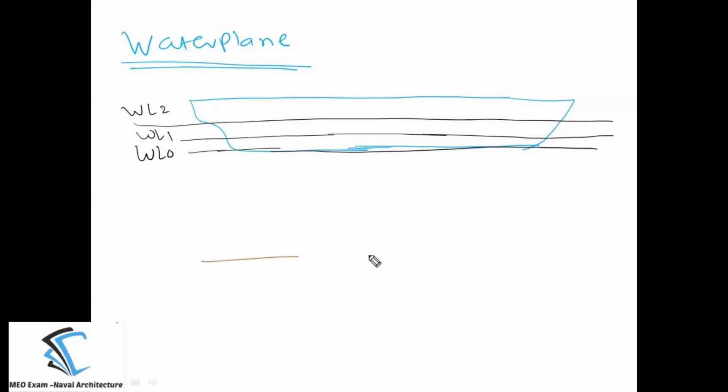So this is the center line of the ship. I am looking from the top, and I take the projections of these water lines like this.